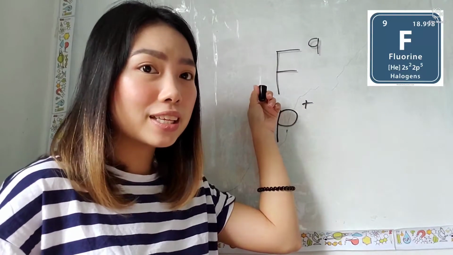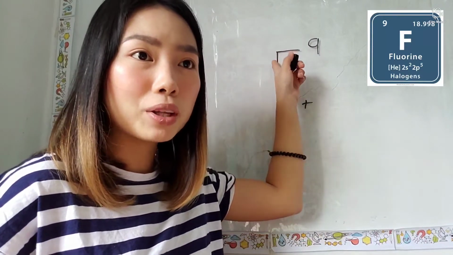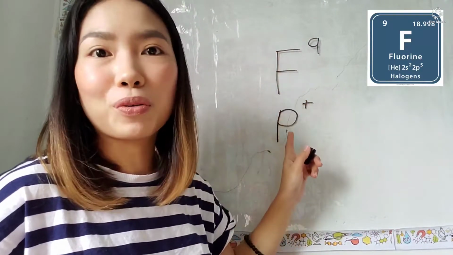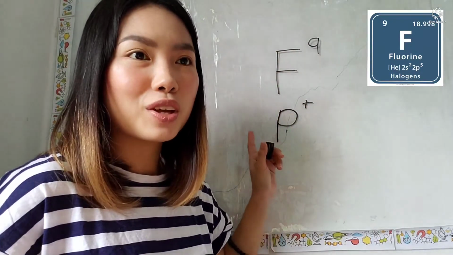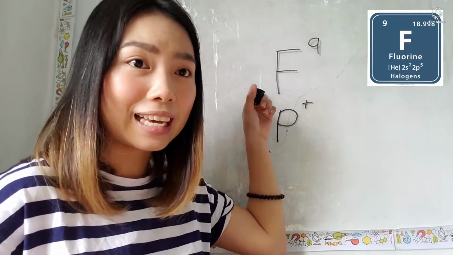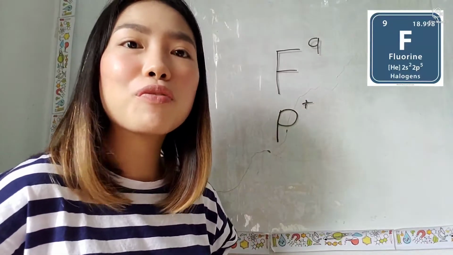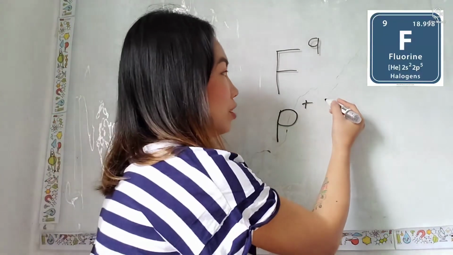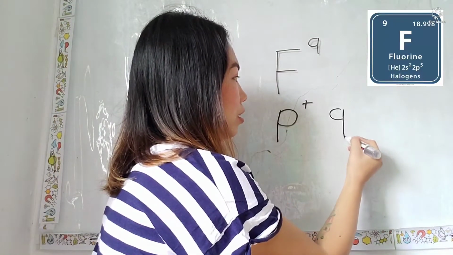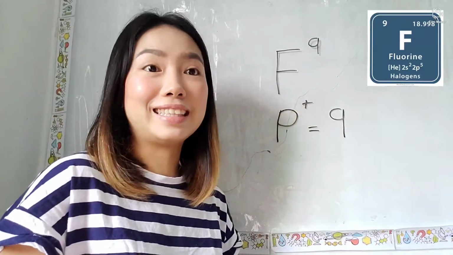Since sabi natin kanina, whatever is the atomic number, that's also the number of its protons. So if the atomic number of fluorine is 9, then the number of protons of fluorine is also 9. O, diba? Ang dali lang. So, yung atomic number is also the number of proton.